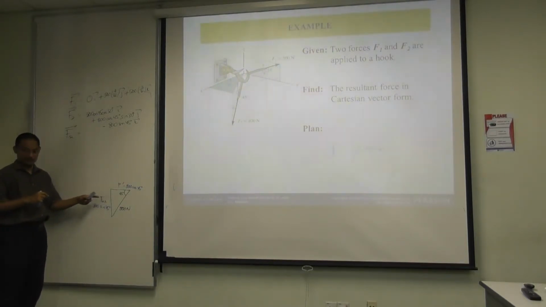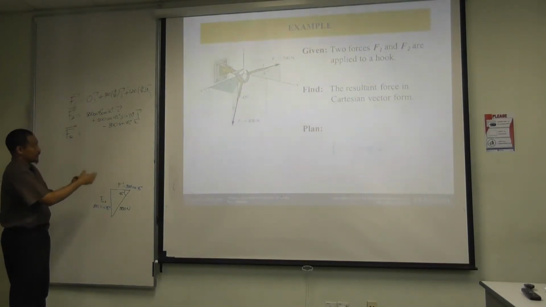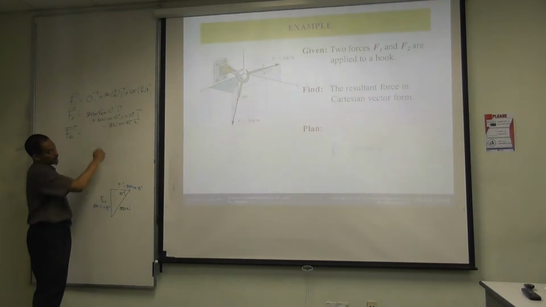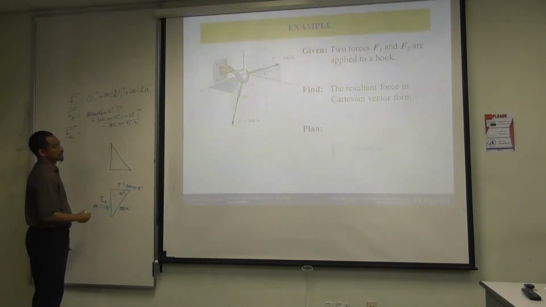800 cos 45 degrees. Any question here until this part? Anything not clear? This should be straightforward, unless you cannot imagine this triangle from there, right? Now, if you look at the darker blue triangle looking from the top, it will be something like this. Can you imagine?